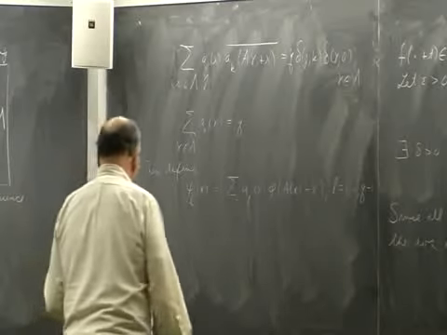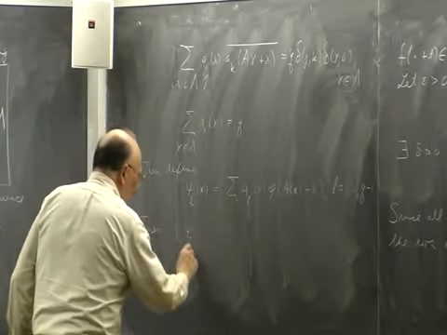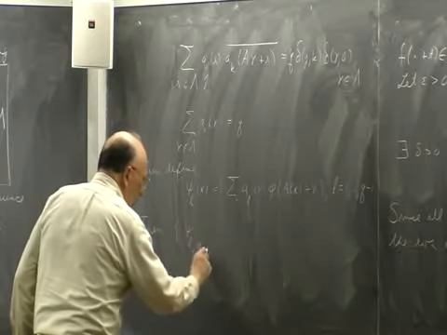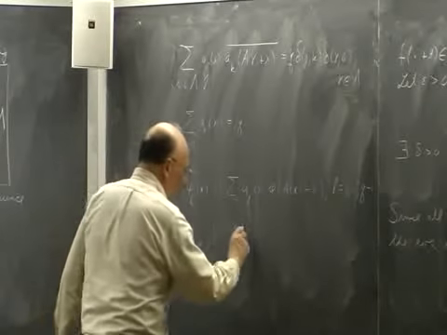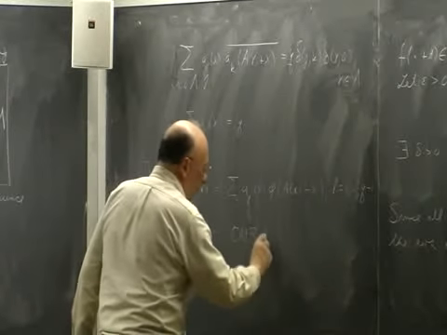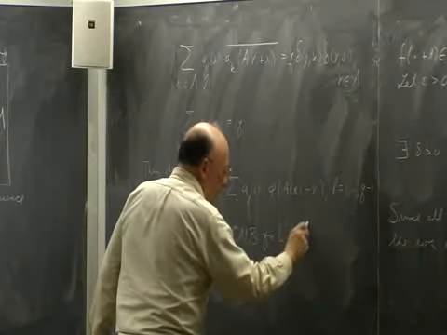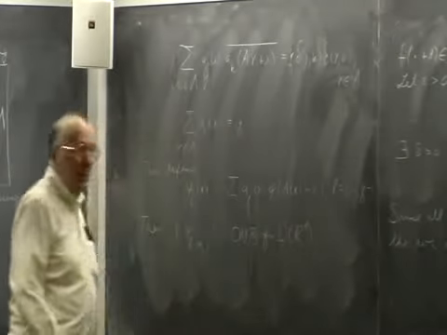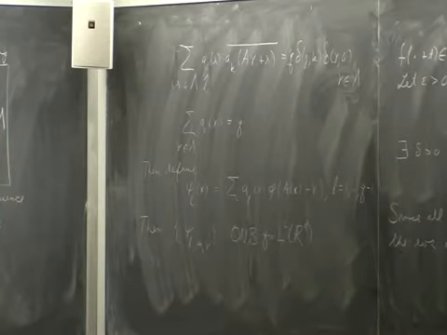Then these, the psi_L,M,gamma, form an orthonormal basis for L2 of R^d. So that gives a hint on how we construct these psi's.